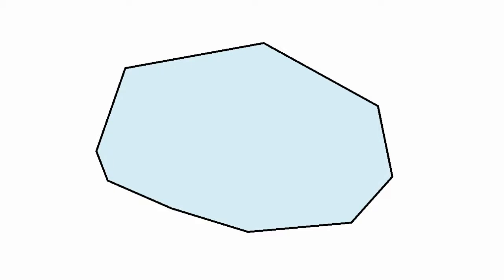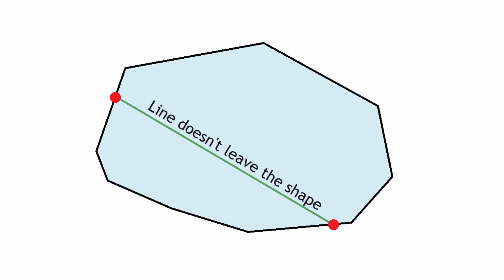What does it mean if a deltahedron is convex? So first I'll explain what convex means with 2D shapes, and then we can just extend that idea on for 3D shapes. Say I have a shape like this, which is a convex shape. If I put 2 points on 2 different sides of this shape, and I draw a line connecting those 2 points, this line drawn will not leave the actual shape.